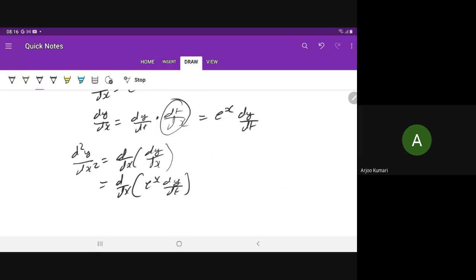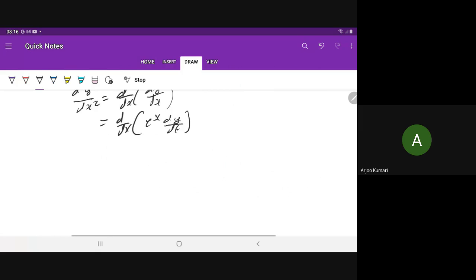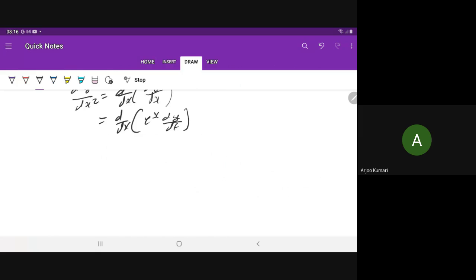When we take the derivative by parts, first function, second function: d by dx of e to the power x is e to the power x, and the second function dy by dt as it is, plus e to the power x as it is, times d by dx of dy by dt.